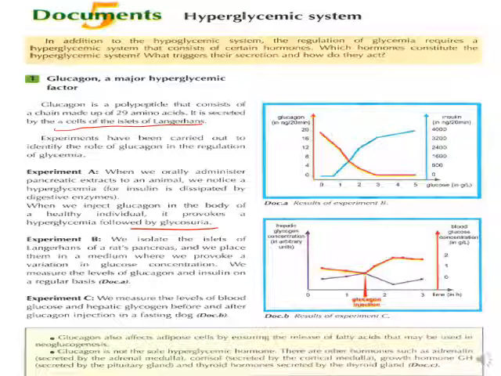When the glucose level rises from 0 to 5 gram per liter, insulin secretion increases from 0 to 4,000 nanogram per 20 minutes.